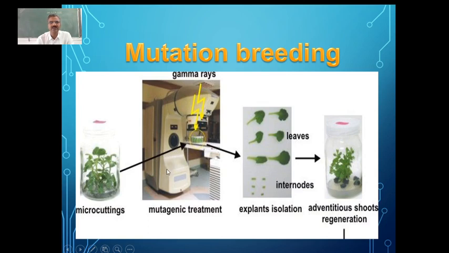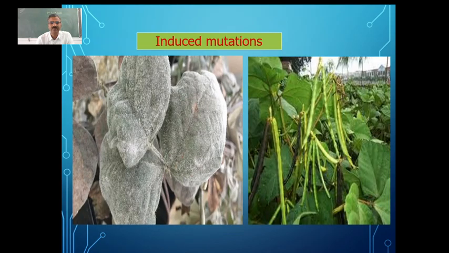These gamma rays bring about the changes. You can see the cuttings which have been kept in this case here. They undergo mutation because of which they are going to have adventitious shoot regeneration which was not there earlier. Like this, mutation breeding can be brought about here.